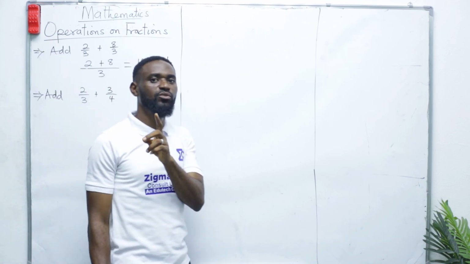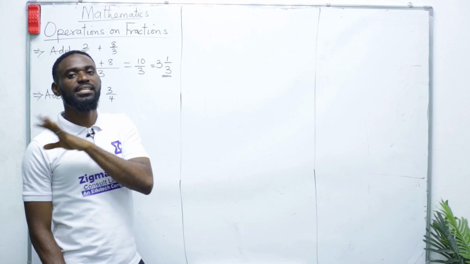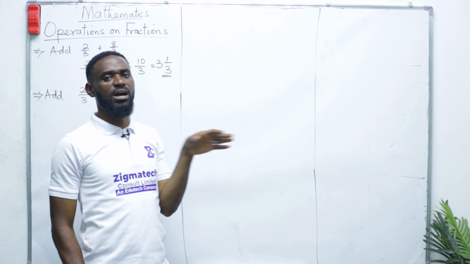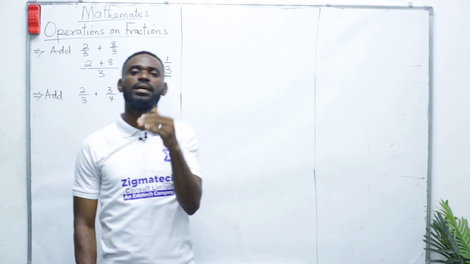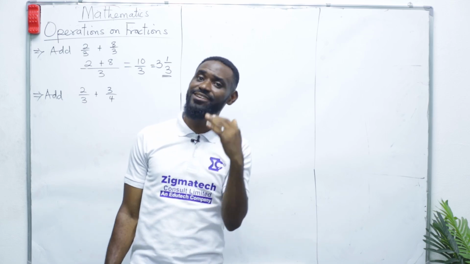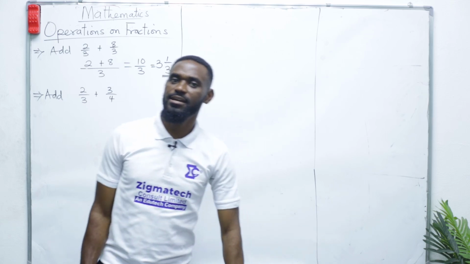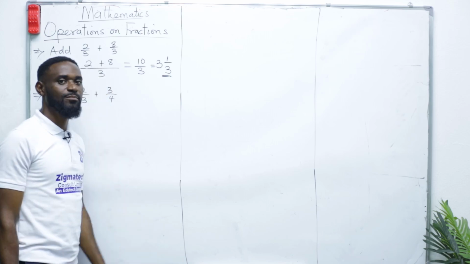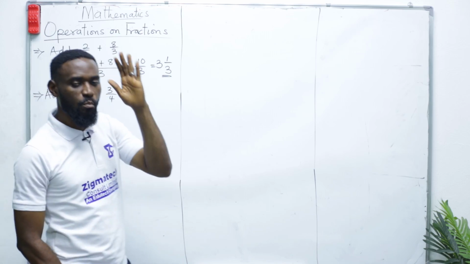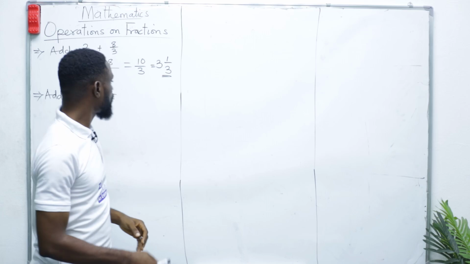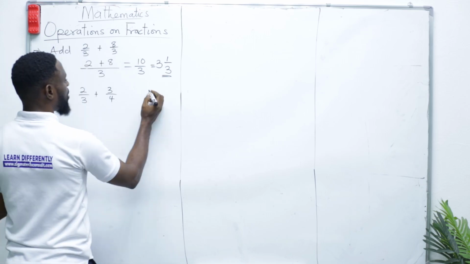So the first thing we do, remember the rule, is make sure that their denominators are the same number. And what do we do to make sure that they are the same number? It is to find their LCM. Their LCM is their lowest common multiple, okay? So their lowest common multiple, how do you do that?